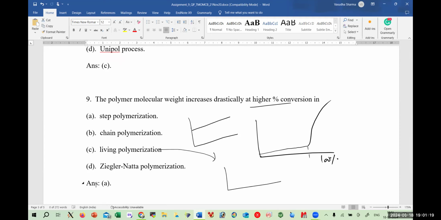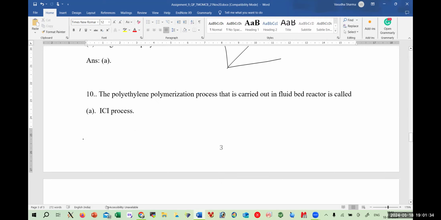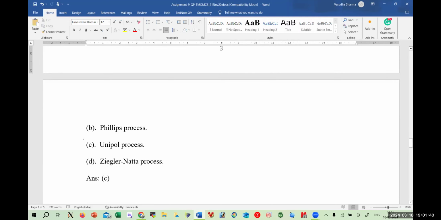And living polymerization is a linear thing. Sorry, it has been asked what drastically changes at high percentage conversion, so it's step polymerization. And the polyethylene polymerization process that is carried out in a fluid bed reactor is called the Unipol process. So with that, our assignment questions are over.